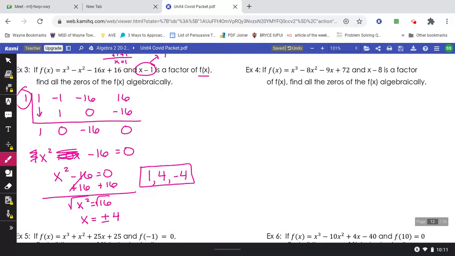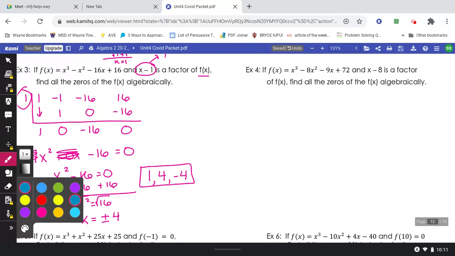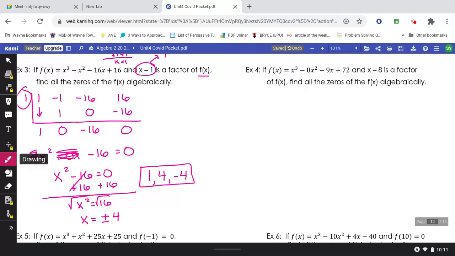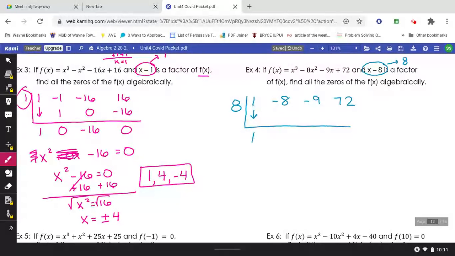All right, example 4 is pretty similar. Take some time, see if you can work a little bit ahead of the video. Since they give us a factor, we'll use the 8 on the outside. And I'll do this one with a little bit less explanation so you can try some of them on your own. I'll go nice and slow, try to work ahead of me.